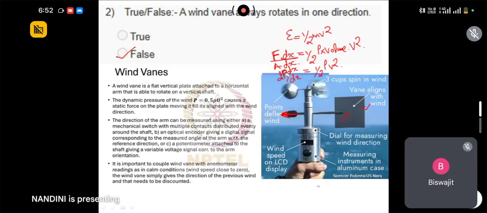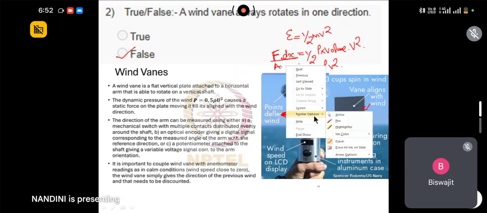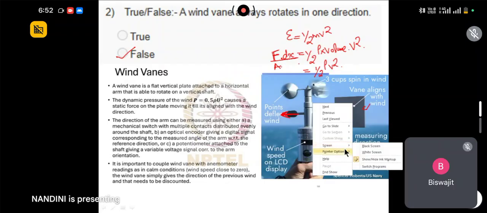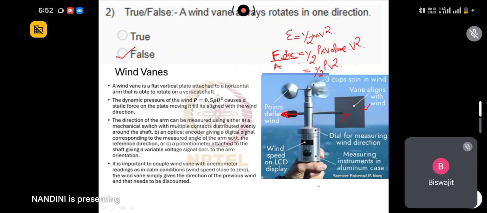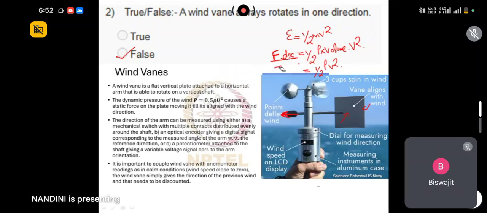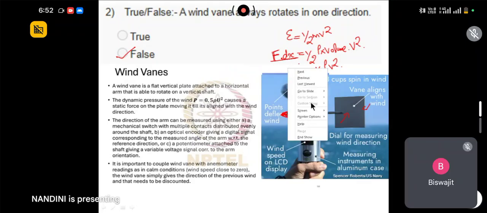So it is basically dynamic pressure. Okay, force into dx is energy. Okay, you're telling here dx won't come. Here area. Force into dx is energy, right?